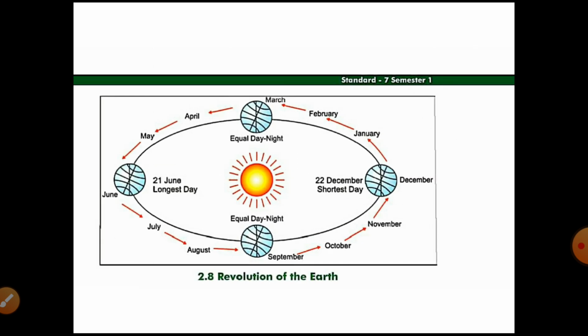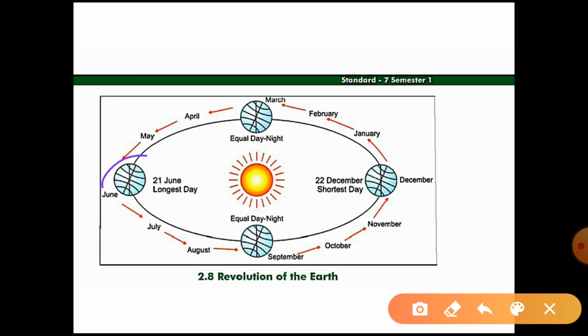Now here we can see, at different positions, how the earth is in front of the sun. Here the Tropic of Cancer is in front of the sun, which means the Tropic of Cancer will be receiving the straight sunlight, and here the equator will be receiving the straight sunlight. Here the Tropic of Capricorn will be receiving the straight sunlight, and here the equator again.